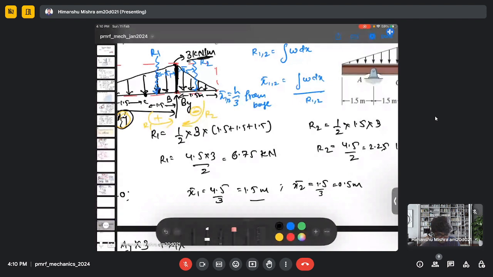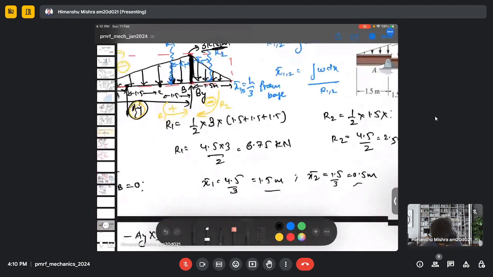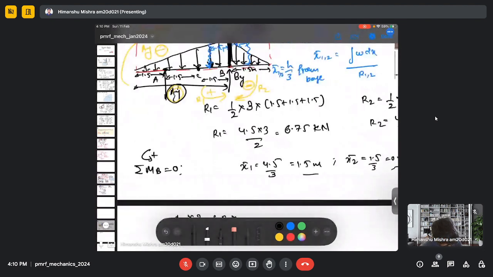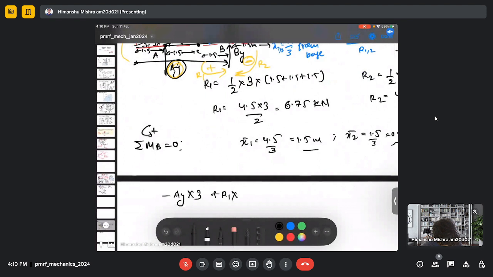So both distances are from this base, which is at B. So my R1 is multiplied with 1.5 minus R2 multiplied by 0.5.